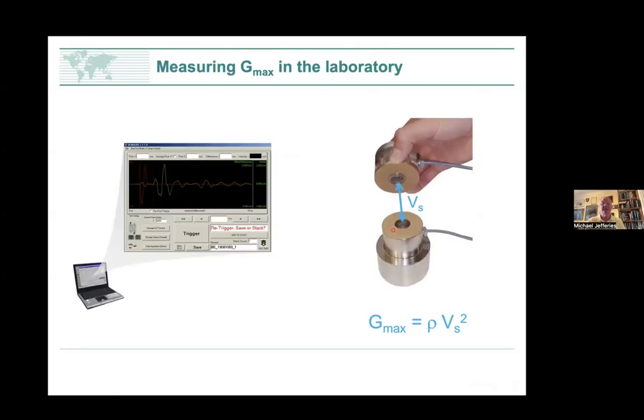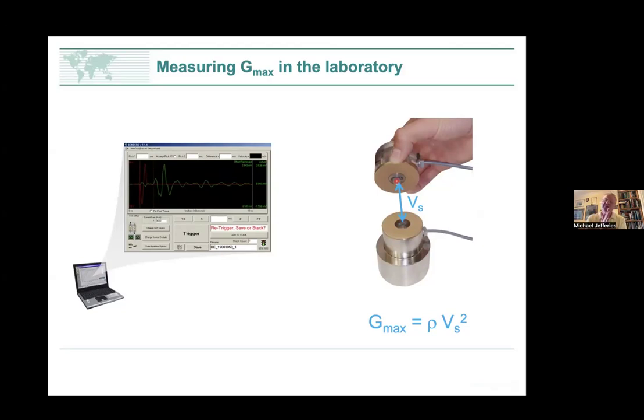So that's that one. I'm going to talk about elasticity a bit, because we also want to pick that one up. If you haven't seen bender elements, which is the technique we use in the lab, this is what they are. The elements are shown on the right-hand side here, and it's those little things in there and in there. Those are piezoelectric transducers, and if we put a little electric voltage on them, the element will deflect.